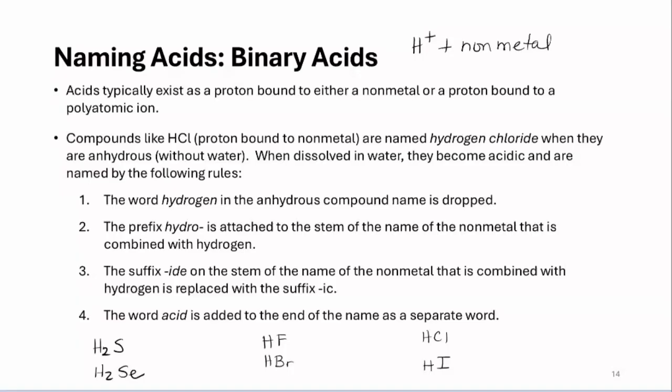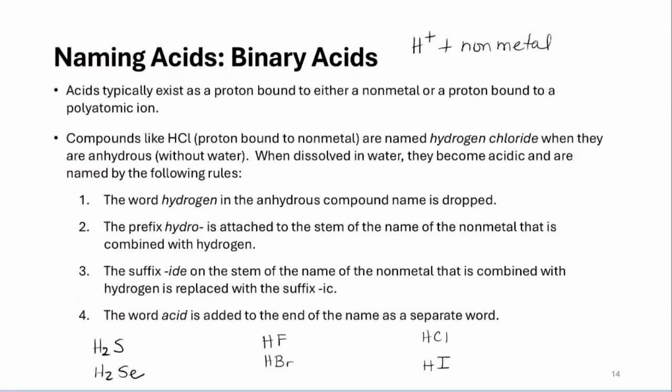The nonmetals that live in 5A, meaning nitrogen and phosphorus, actually make weak bases. I will show you after I finish naming acids what are the chemical formulas and the names for those weak bases. But now let's focus on naming binary acids.